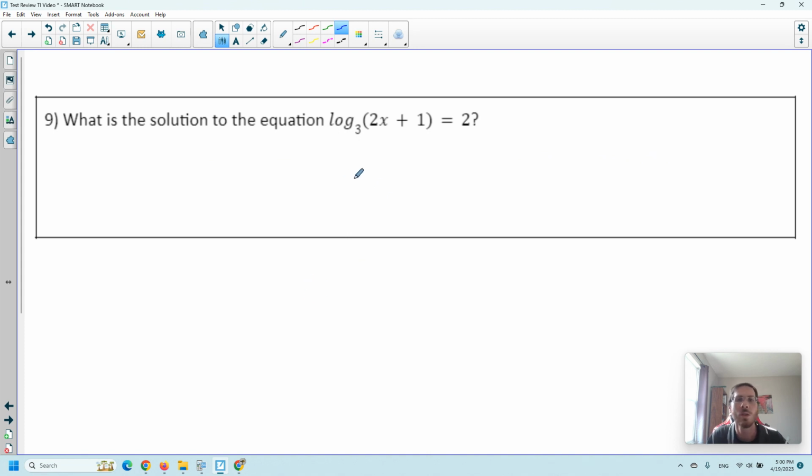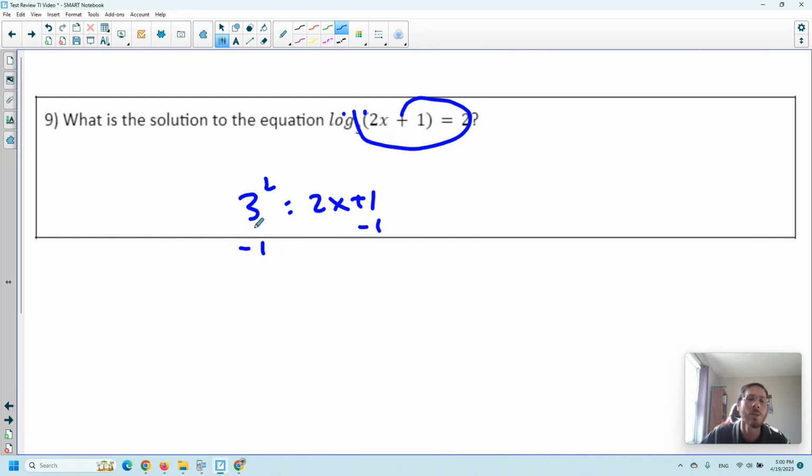Number 9, what's the solution to this equation? Again, I think it's going to be easier to do it by hand. You can either do 3 to the power of both sides. If you want to use the snail, you can use the snail to do 3 squared equals 2x plus 1. So minus 1 both sides. 3 squared is 9, so 9 minus 1 equals 2x. Divide both sides by 2. 9 minus 1 is 8. 8 divided by 2 is 4.